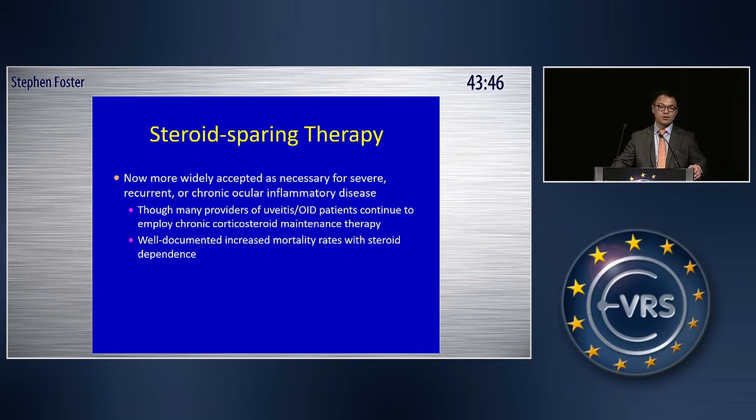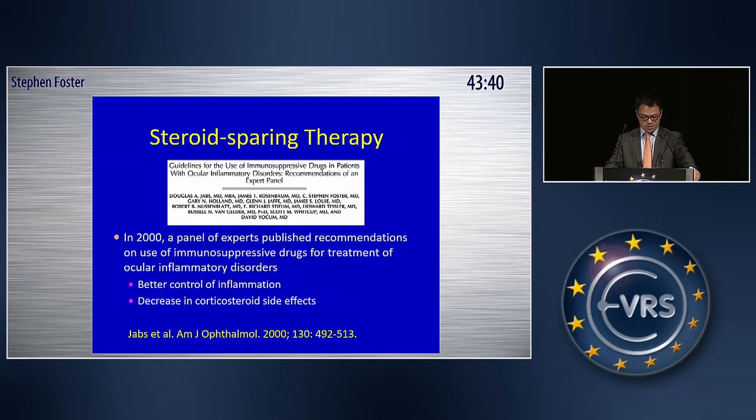They used to treat all their arthritis patients with steroids, and they know that that's not the way to address these issues. So in 2000, a panel of experts published recommendations in AJO on how to use immunosuppressive drugs. And they found that with immunosuppressives, uniformly, they better control inflammation and decrease corticosteroid side effects.